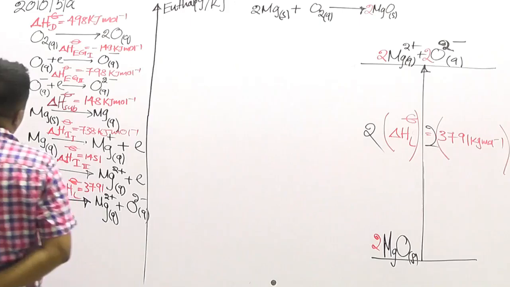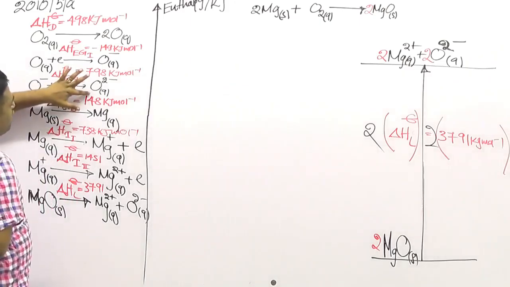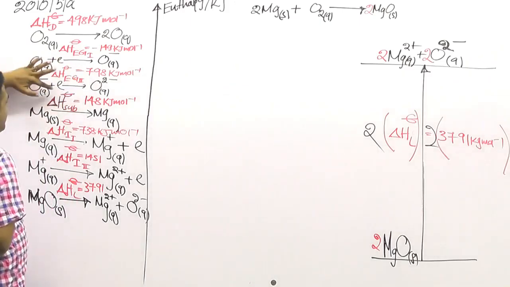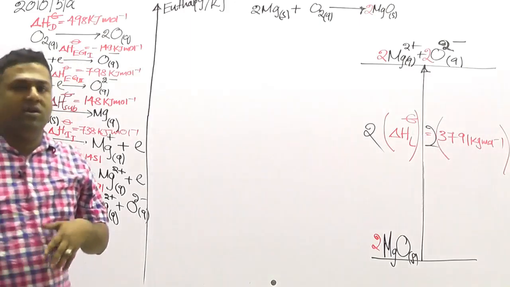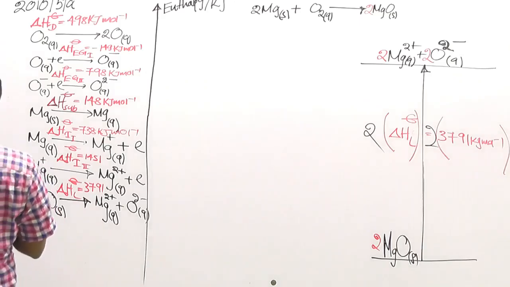That O2 minus is common with the second electron gain energy.